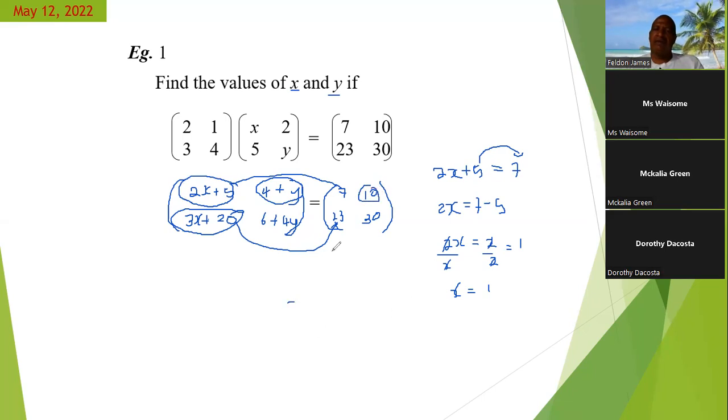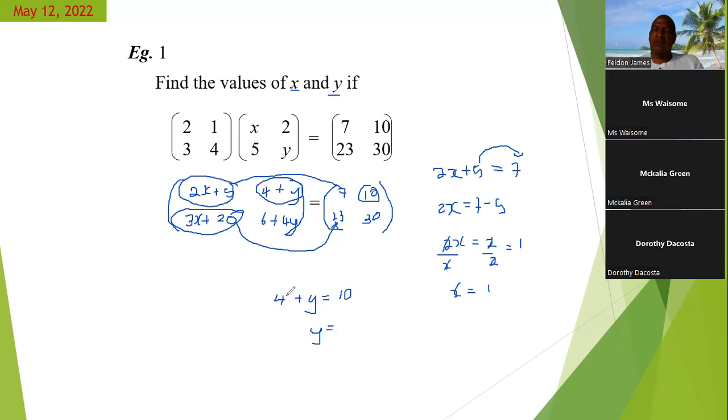So we would have 4 plus y equal to 10. Now, if you had used the other corresponding element, no problem, you will get the same answer. But in the interest of time, when you're doing an exam, you want to take the shorter route, because once they say stop working, that's it.